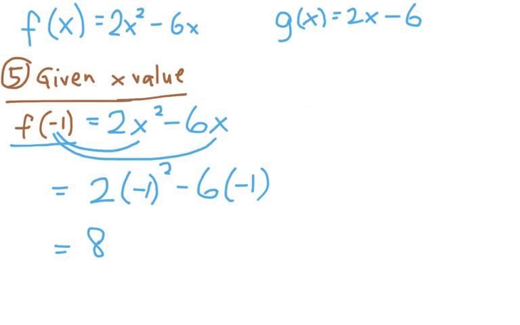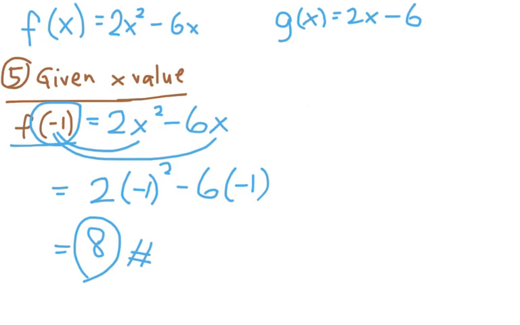You can see that this is the final answer. Whenever you have a value inside the bracket, your final answer should also be a value. So that is given the x value, calculate the value of the function. That is the fifth part.